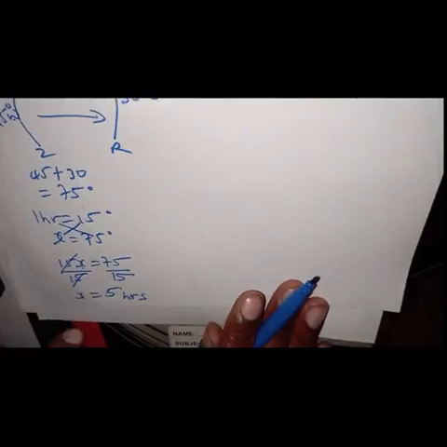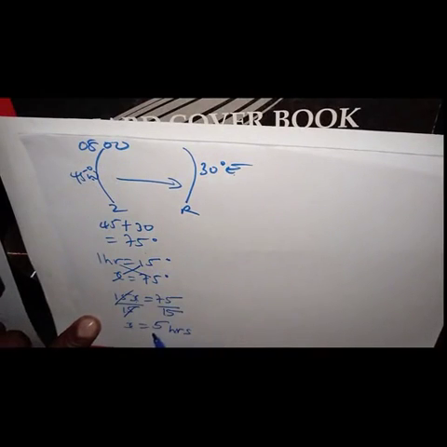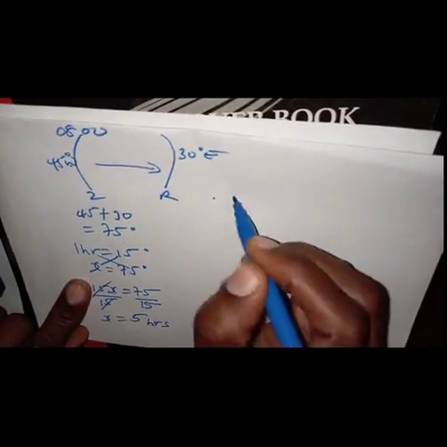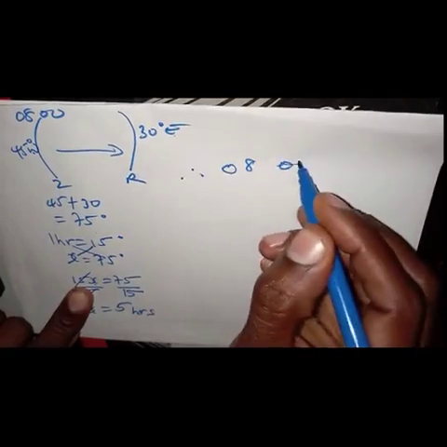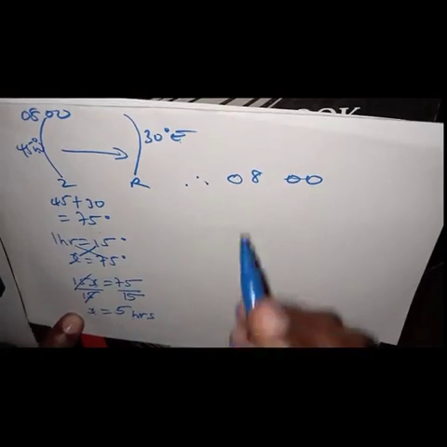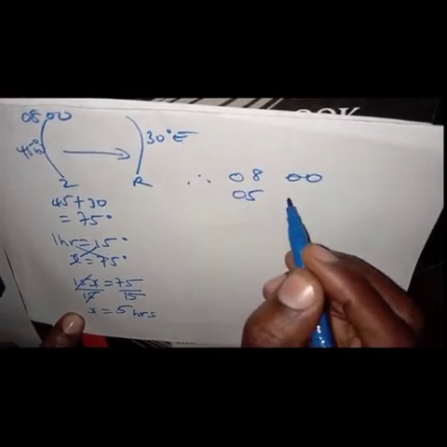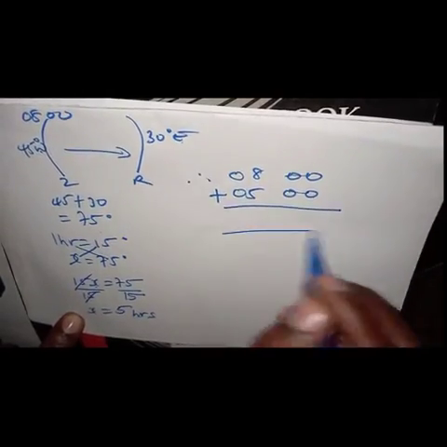Now, remember we are going towards the east, so we need to add this plus that. If we were going towards the west, we would subtract, 08 hours minus 05. Therefore, since we are going towards the east, time will be ahead. This is 5 hours, so you write 05. We add because we are going towards the east.